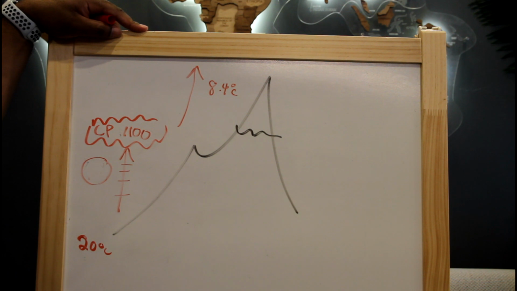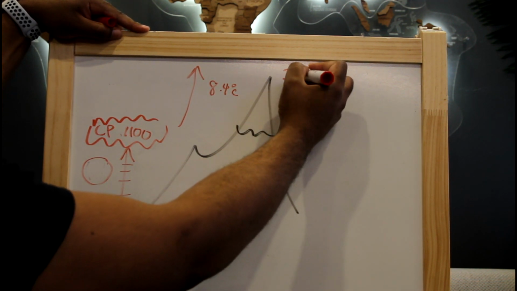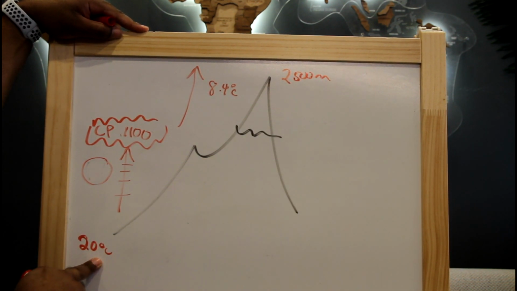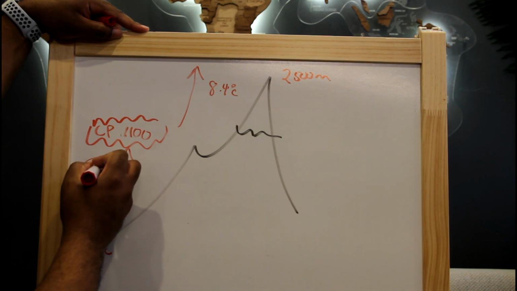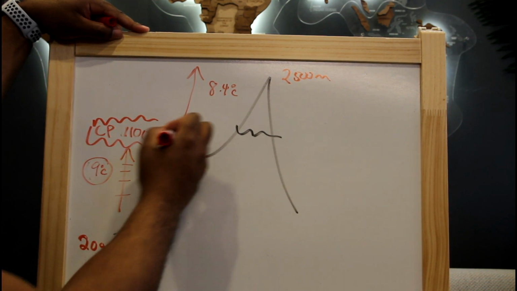Okay, so just to go through everything again, what I've done is I've redrawn the mountain. I'll just put 2,500 meters at the top. From sea level to the condensation point, we traveled up 1,100 meters, which means that we lost 11 degrees Celsius, which put us at 9 degrees Celsius at the condensation point.